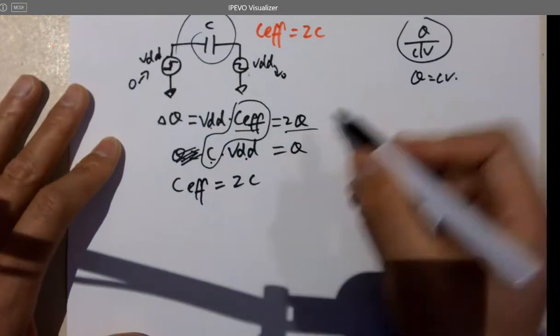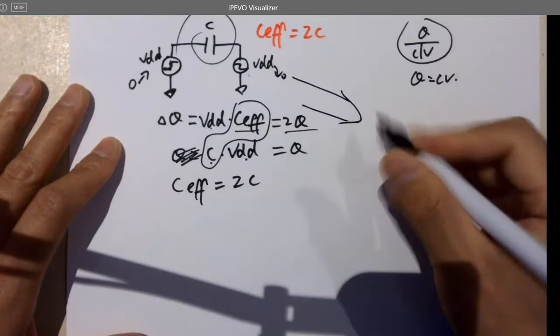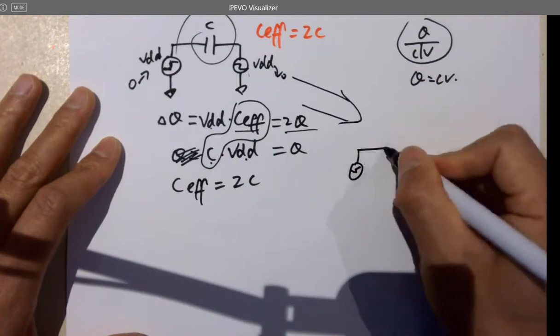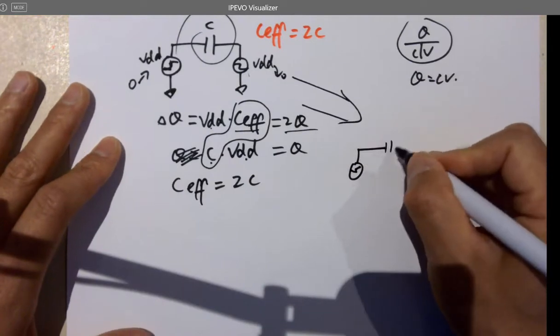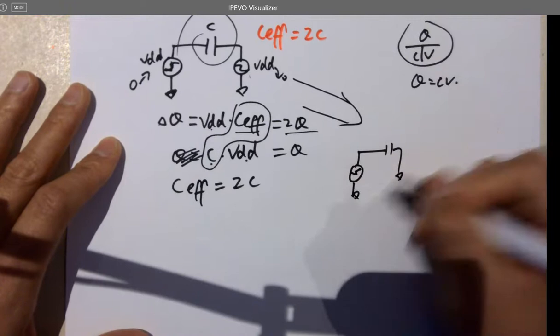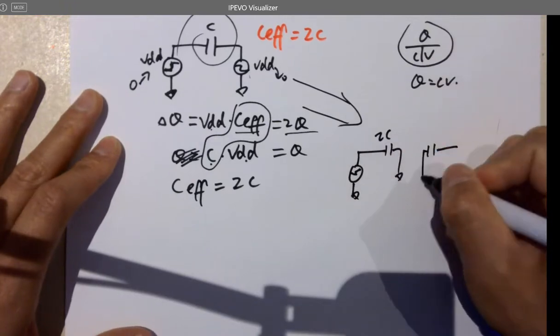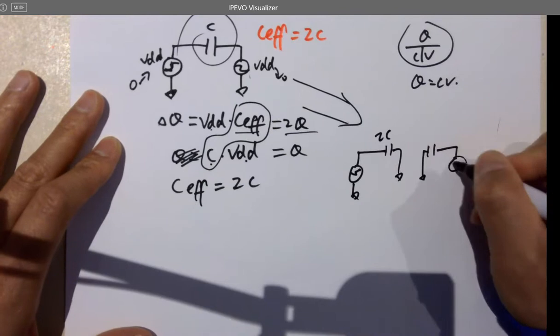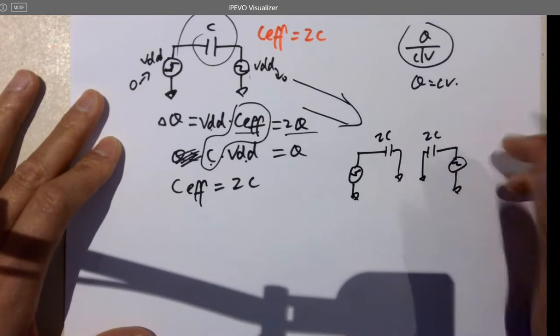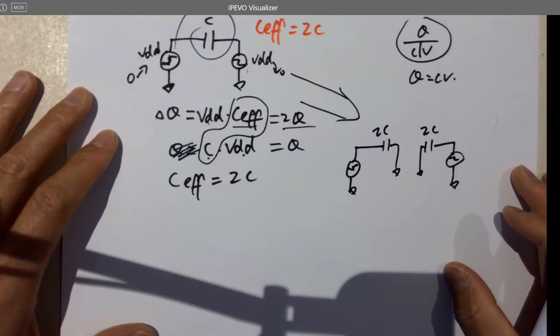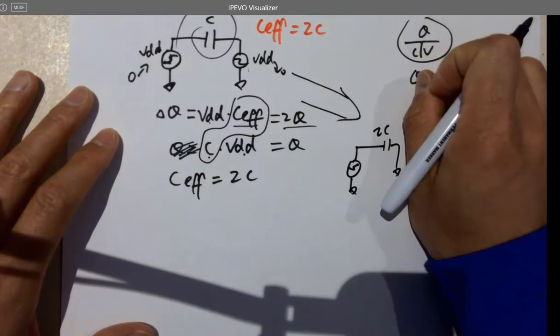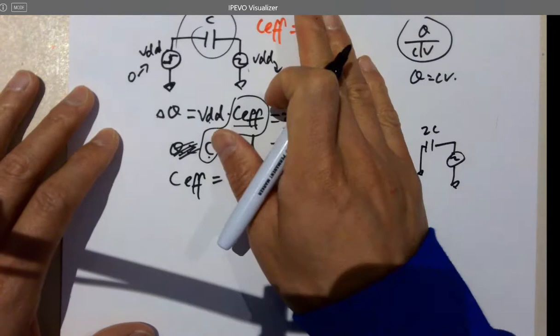And when we model this cap, we can treat it as a circuit like this. 2C here, 2C here as well. When we are just looking at here, it's going to be 2C. When we're looking at here, it's 2C as well.